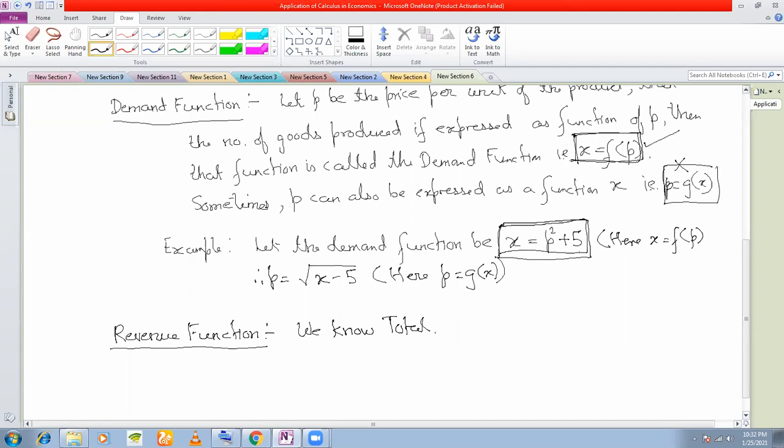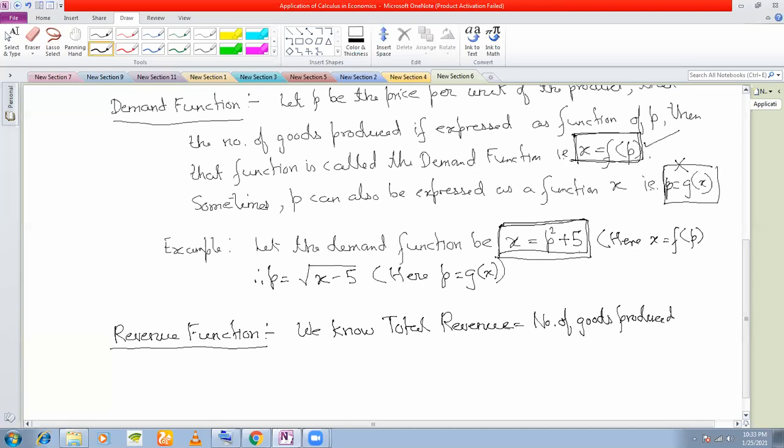So total revenue is equal to the number of goods produced. Fundamentally, how many goods you are producing. And when I say number of goods produced, it means you are producing as many goods as you are able to sell. You're not producing more. So let us say there's no inventory.